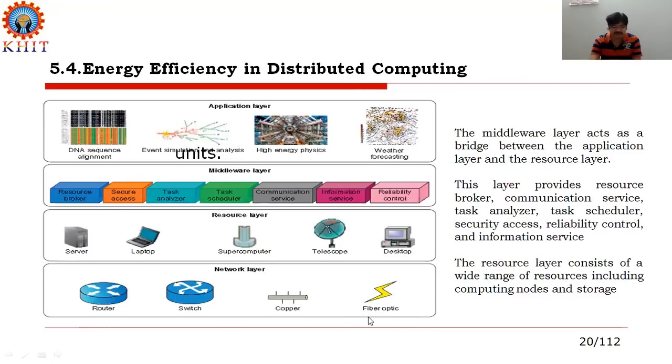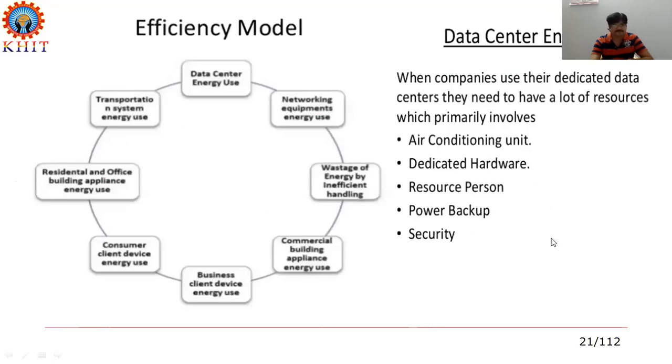Whether we go for fiber, a switch, or a router, or which computer we can use for sending the request: the desktop, the laptop, or a telescope. If we always consider minimizing the energy, efficiency will be improved automatically. Or which is the suitable middleware for that? So all these will be considered as factors for performing a particular task over here.